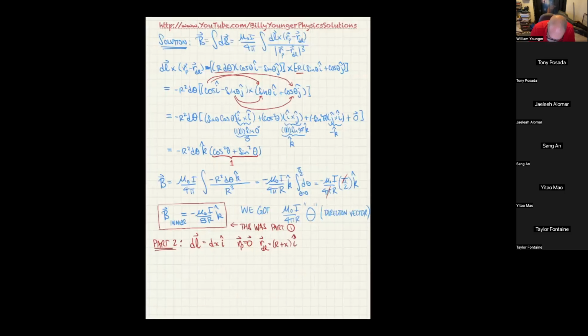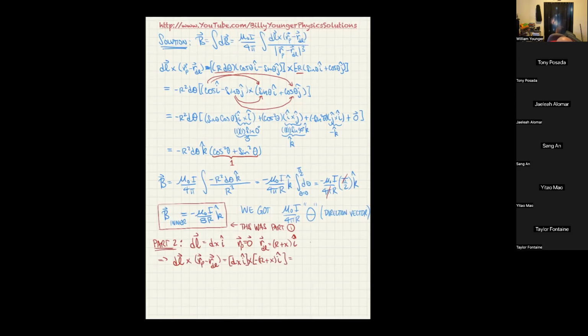Now, the reason I did all that is I wanted you to see that now when I do dl cross rp minus rdl, I get essentially dx I hat crossed with negative r plus x I hat. So it's an I hat vector crossed with an I hat vector, which is equal to 0.